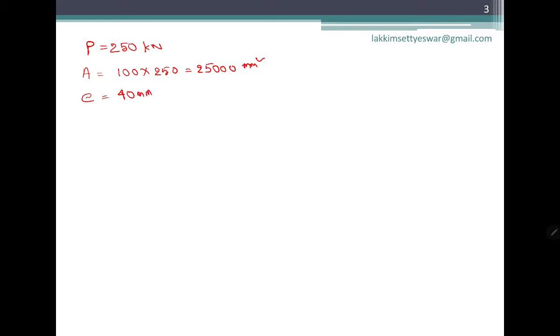Then self weight is equal to volume into density. Volume means cross sectional area into unit length. So 0.1 into 0.25 into 24 equal to 0.6 kilonewton per meter.